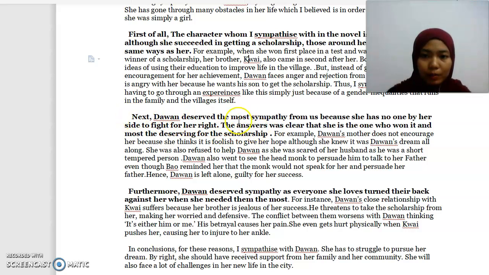Okay, and for the next paragraph do the same thing, and the third one. The last one is a conclusion. The conclusion is basically the same as the introduction, but I twisted my answer a little bit.